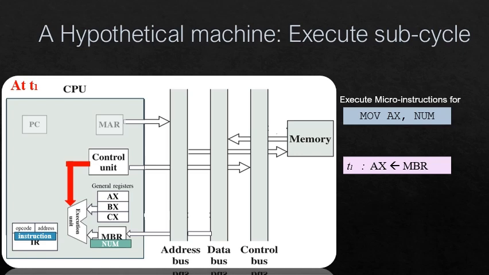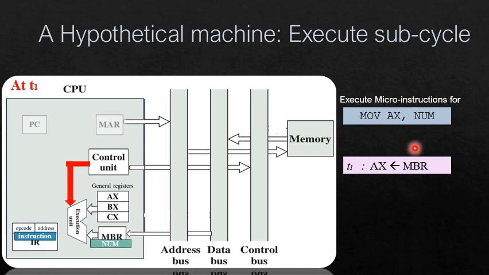Okay, now let's move to the third subcycle, which is called execute subcycle. But execute subcycle is different for different instructions. So now let's take an example that the instruction in this instruction cycle is this. The execute subcycle will involve just moving a data from a memory to the register.